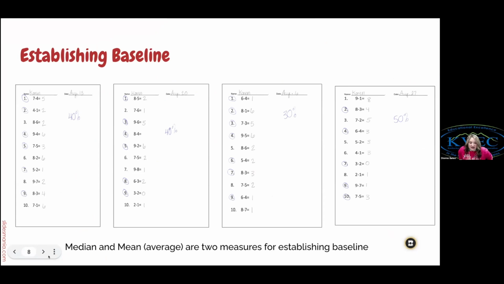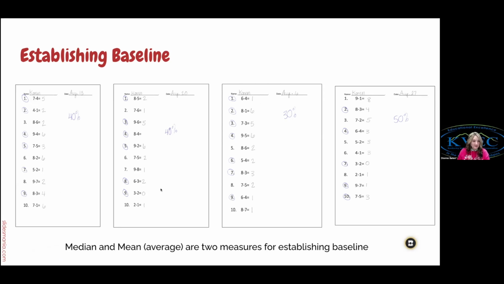So on the screen, let's talk a little bit about how we establish baselines, because sometimes that's a little bit confusing. And we generally say, to figure out where a student is at, we have 4 to 6 data points. That could vary just a bit, but we're looking for a pattern. We generally, at minimum, want to use 4 different kinds of probes.